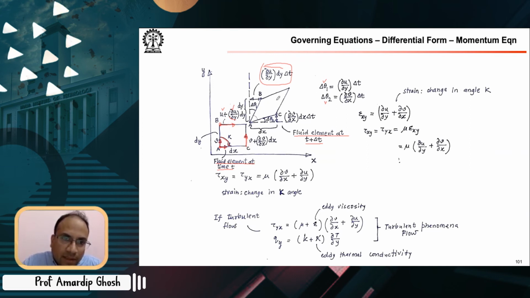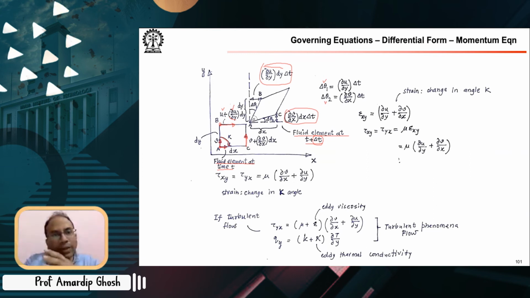Then at the end of this duration delta t, point C would have shifted by this amount with respect to point A in the y direction. So point B is shifting in the x direction with respect to point A, and point C is shifting in the y direction with respect to point A.